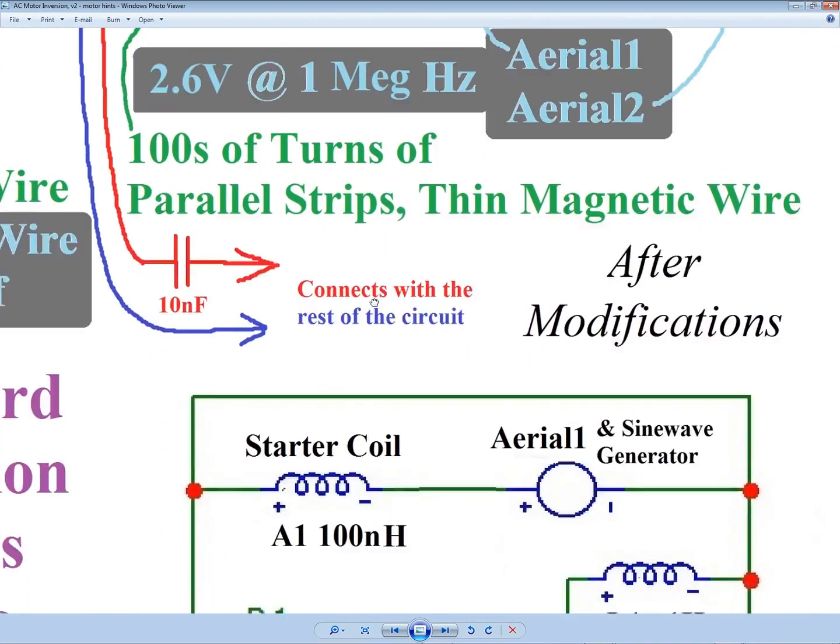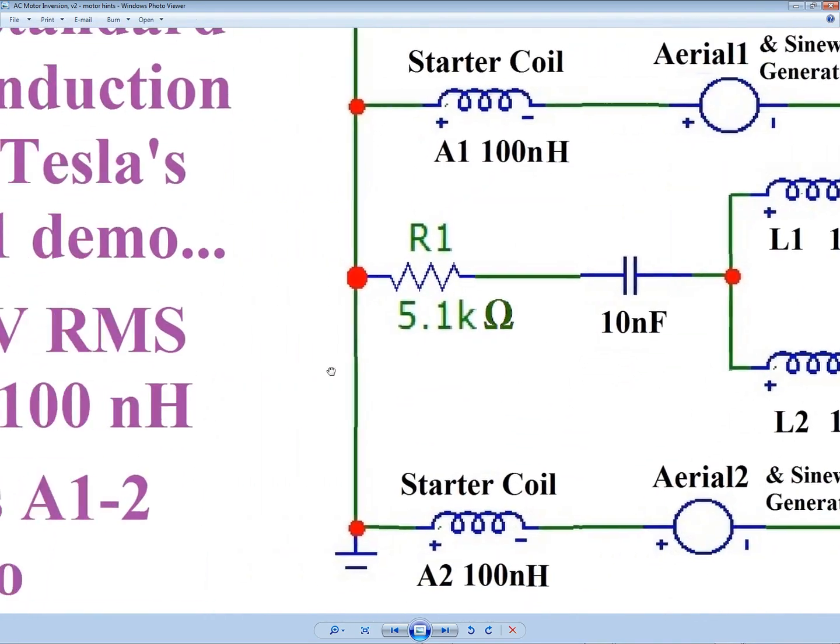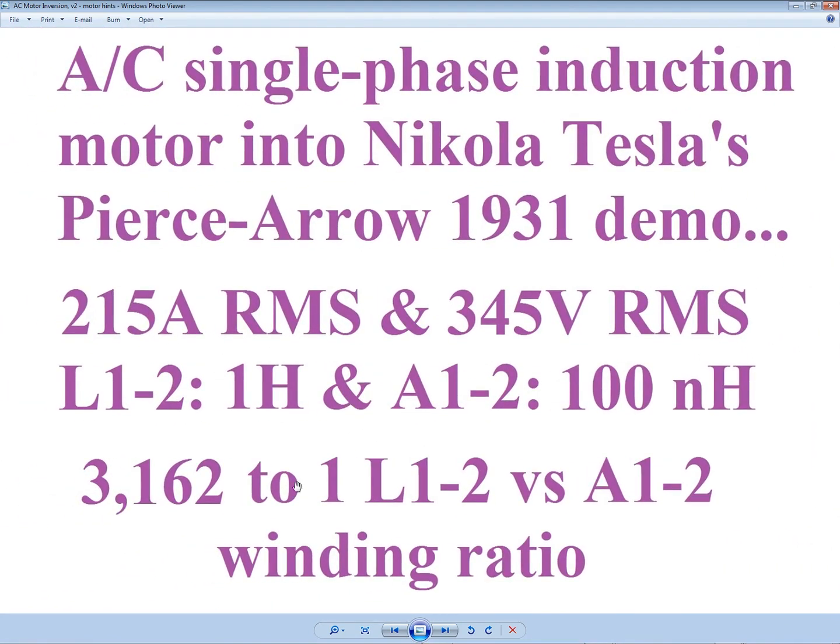You take that ratio and take the square root, and that gives you the turns ratio, which in this case is 3.162 plus a small fraction below 0.5. So I just rounded down to 3.162.